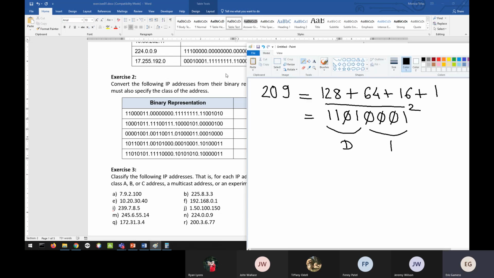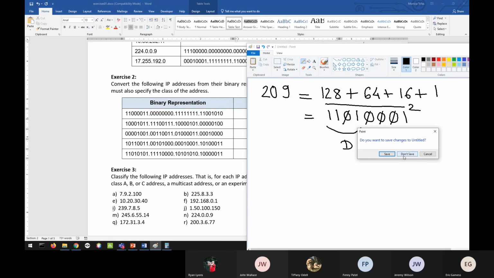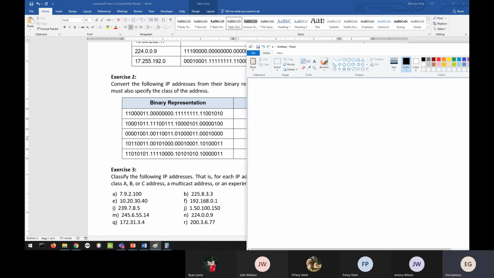So remember, let me make a reminder on that. If I am a class A, what can I say about the first byte? The first byte will be between 0 and 127, isn't it?